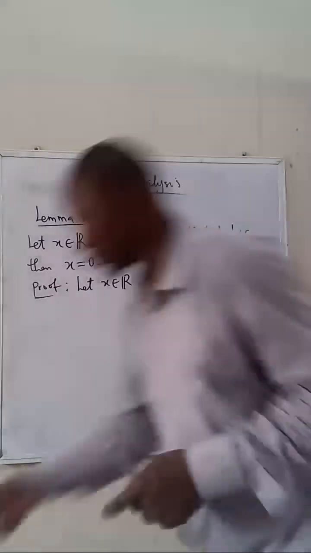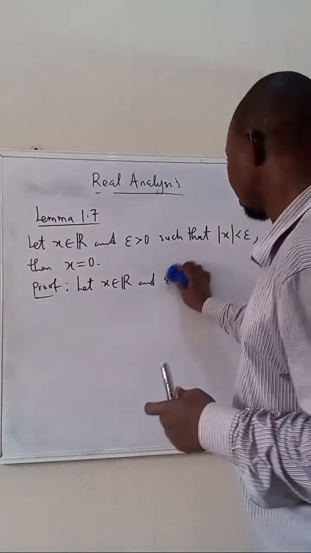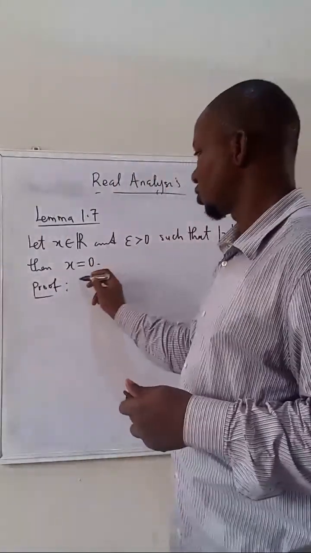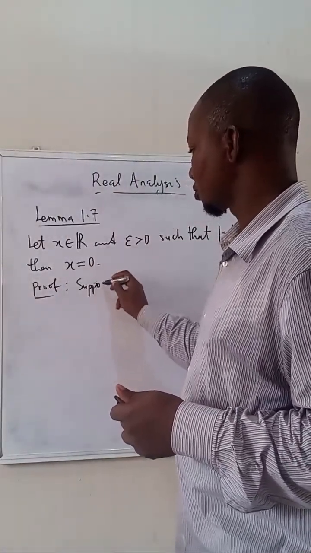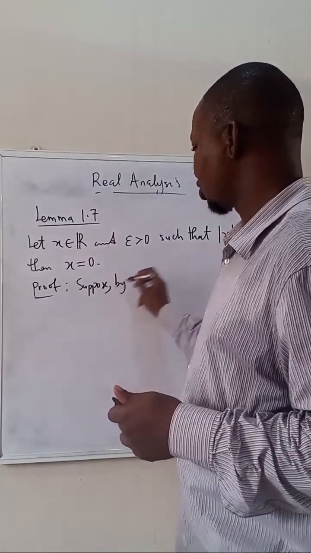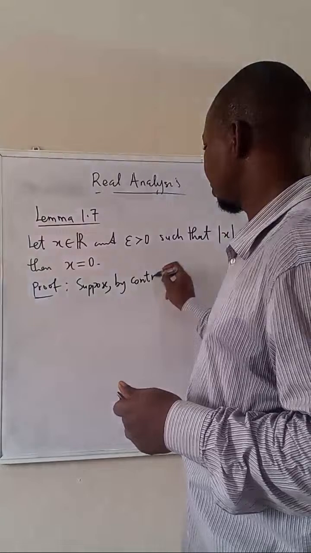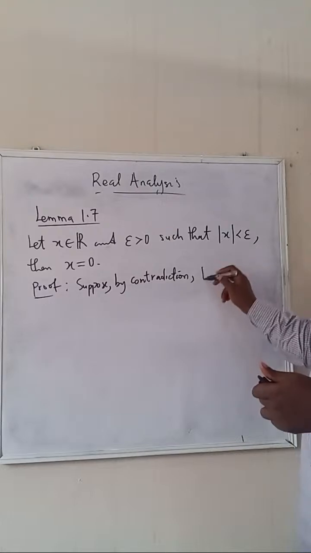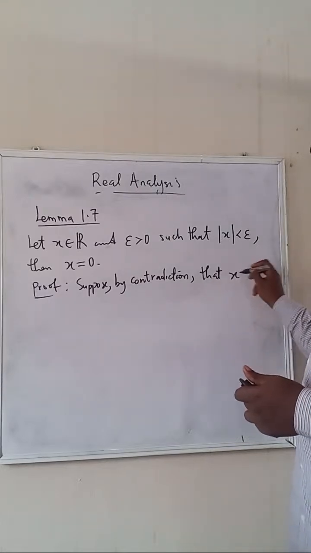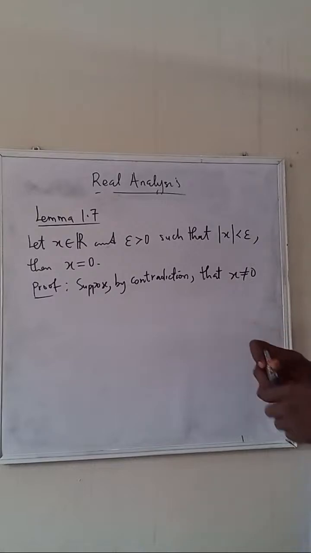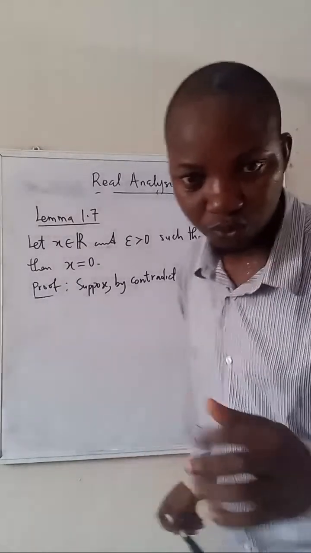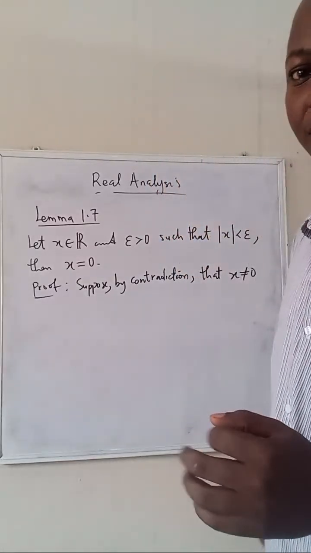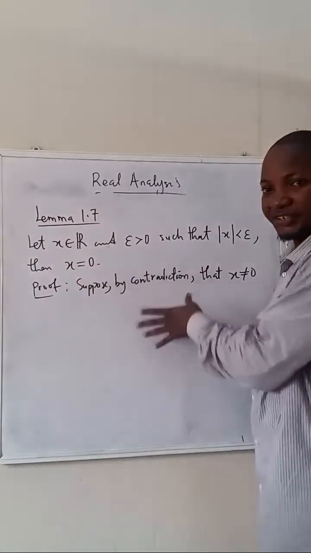Suppose by contradiction that x is not 0. What we are trying to do here is prove this by contradiction.